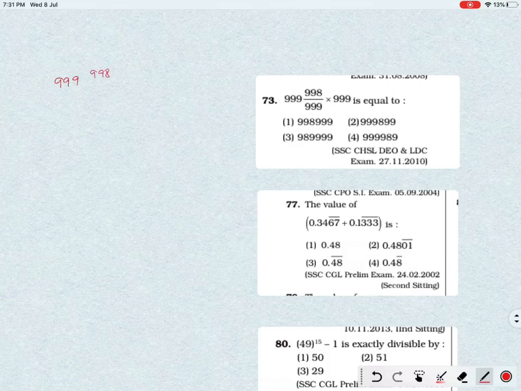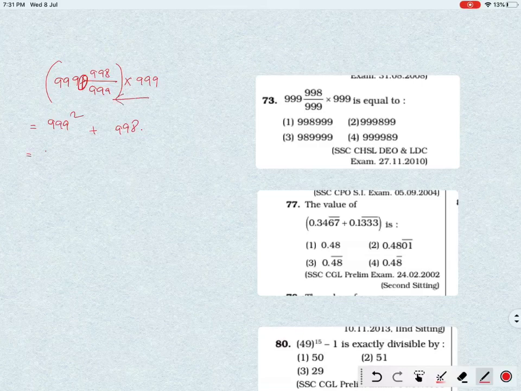999, 998 by 999 into 999. So we can write this as 999 square plus 998. Correct?